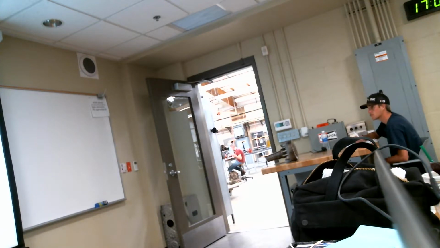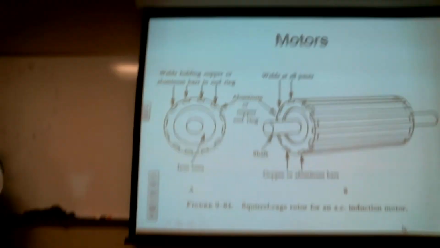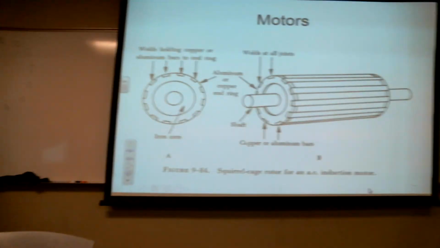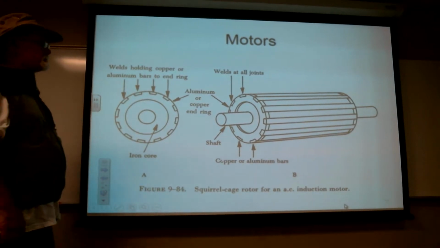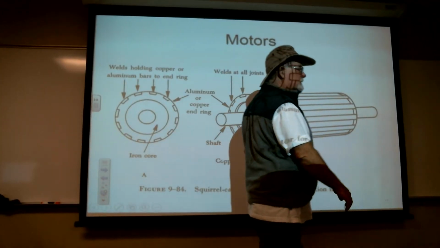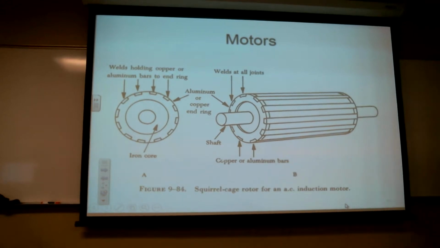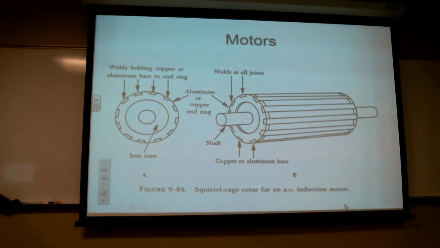So this is called an induction motor. There's a drawing of it. We just have a couple of plates with a bunch of copper bars. Well, in truth, we want to help the magnetic fields go from pole to pole.